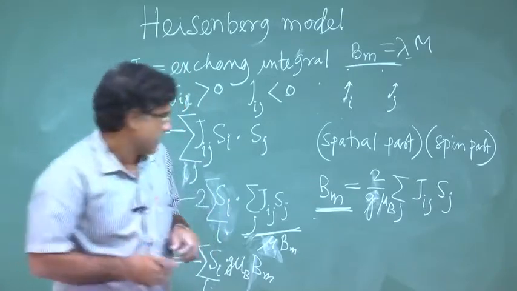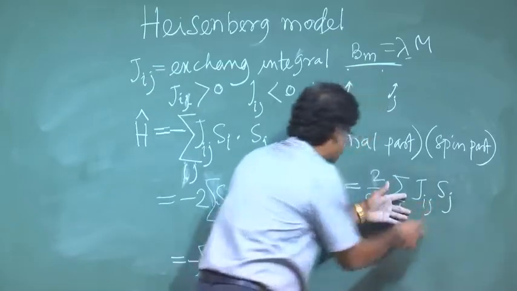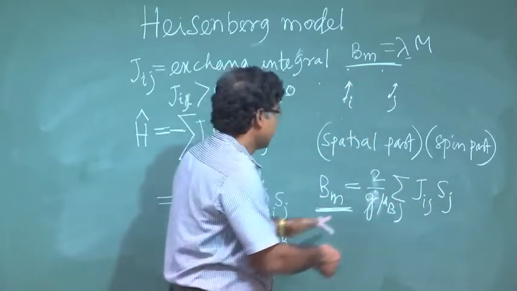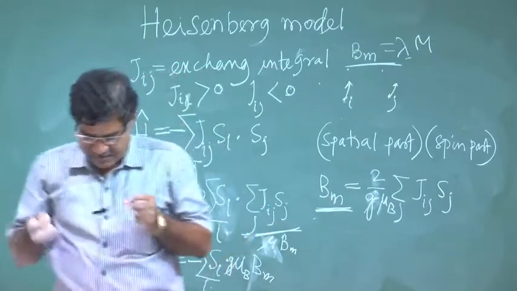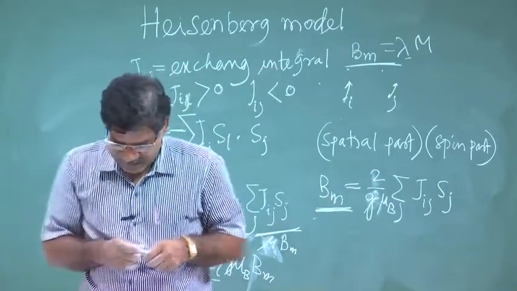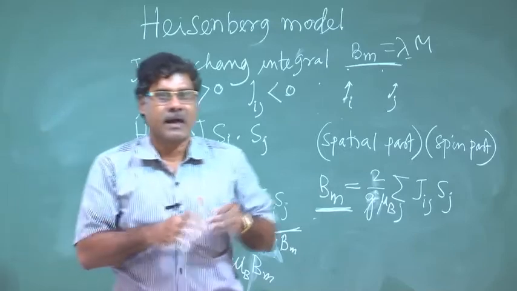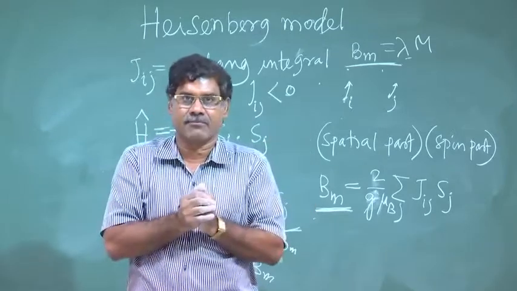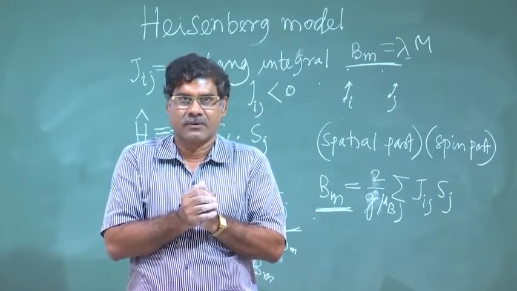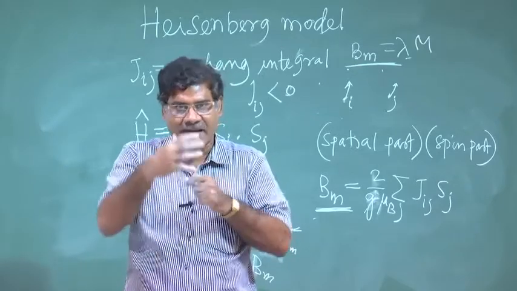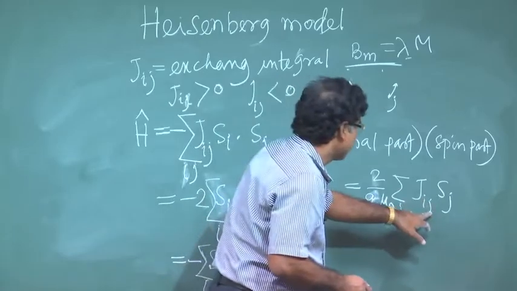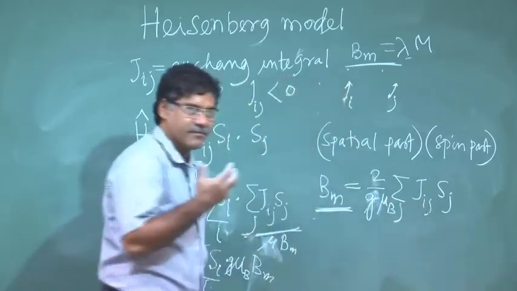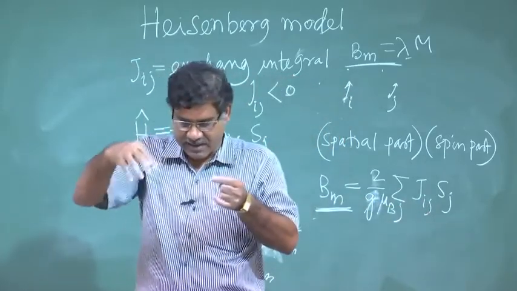Now, if I consider only that the exchange interaction is effective among the nearest neighbors, and that interaction is averaged, J I J, I write that as J E, with the nearest neighbor.